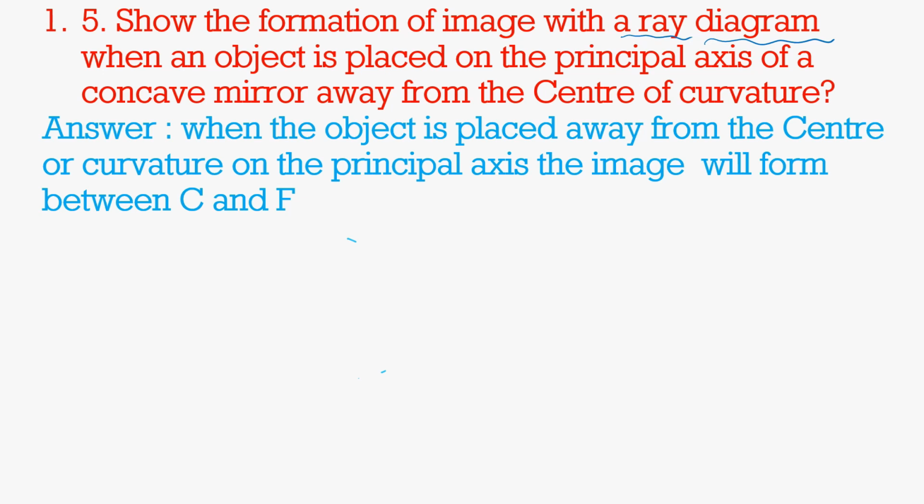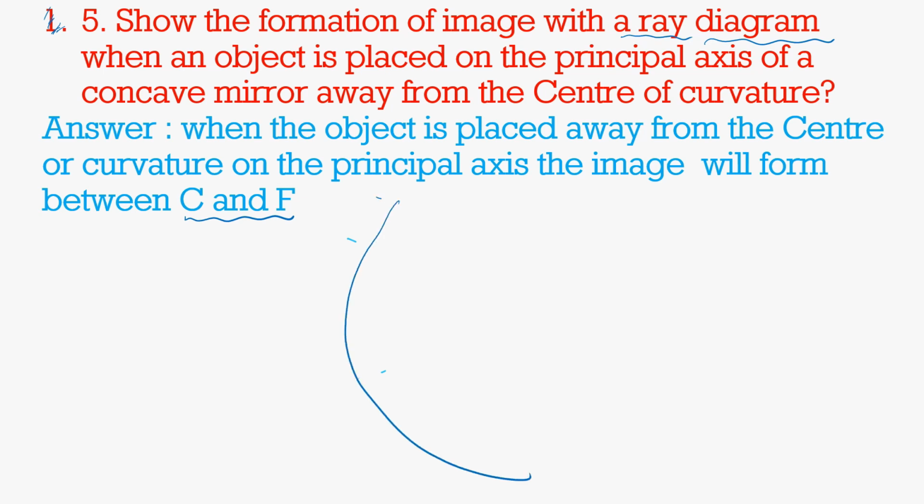Now let us discuss. When the object is placed away from the center of curvature on the principal axis, the image will form between C and F. See this ray diagram. Now here we are taking the concave mirror.